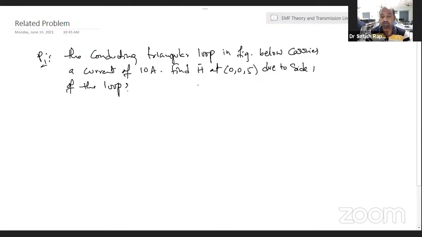So the figure is like this. Zero, center is 1, and this is 2.